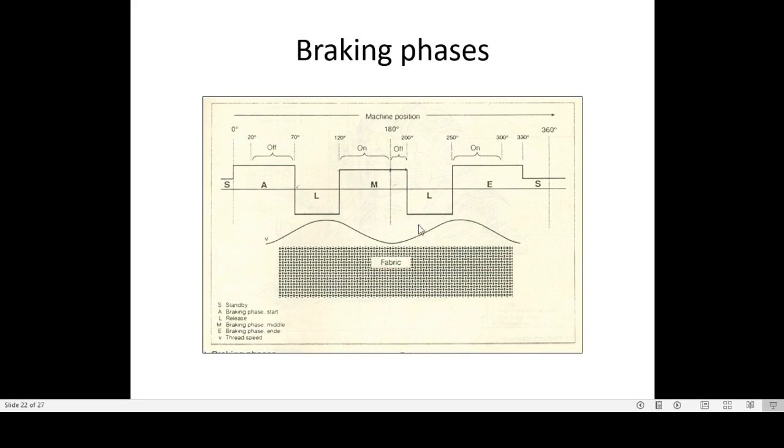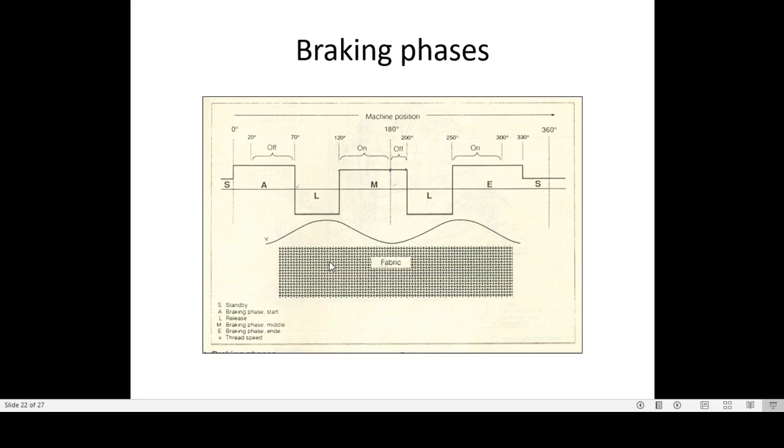So the brake is applied, released, applied, released. Whenever the velocity is increasing we release the brake, and when the velocity is going down we apply the brake. So what is this for?